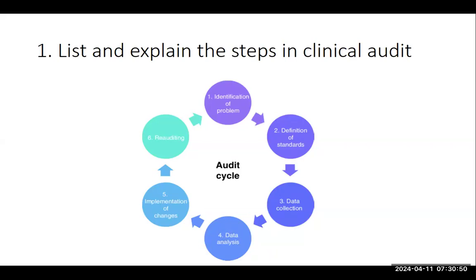The one I know is prepare and plan, under which you set up a team, you define the problem, then you select a component that you are going to audit. Then you define the standard criteria, you measure the performance, you improve the performance, and you sustain the improvement. And subsequently, if there is need for auditing, you do that.